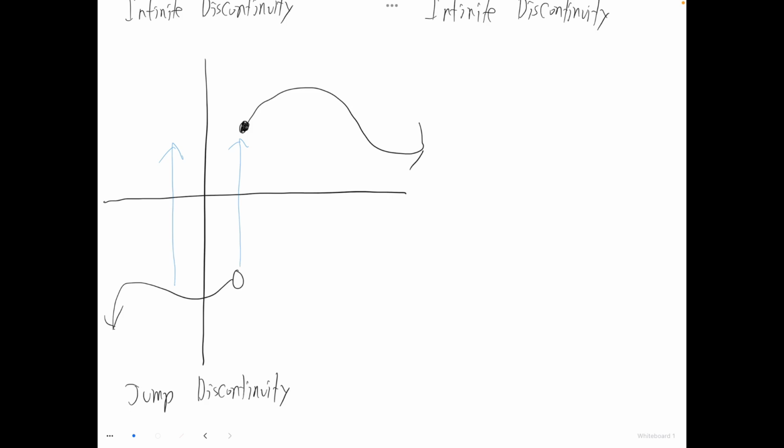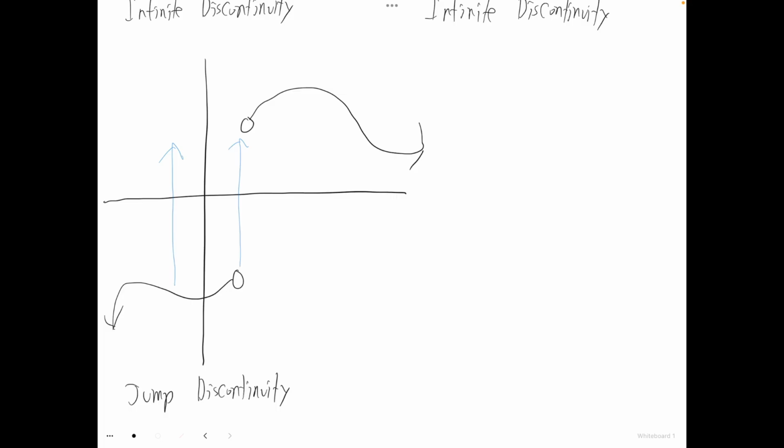And now, a jump discontinuity can also happen if you aren't defined at this point. So if we weren't defined there, if it was just an open circle there as well, that'd also be a jump discontinuity at that point. So you don't have to be defined at that point. You just have to have a jump in values all of a sudden.